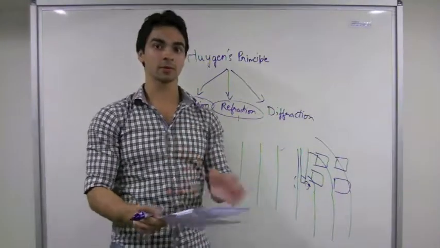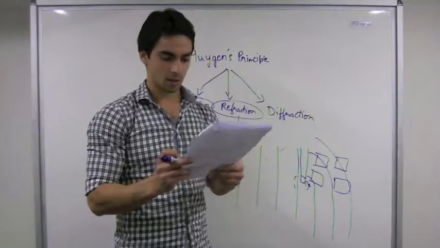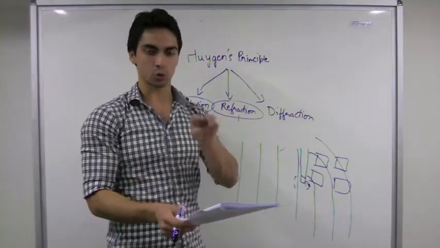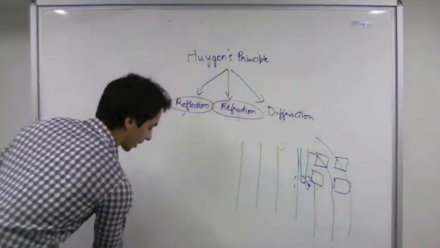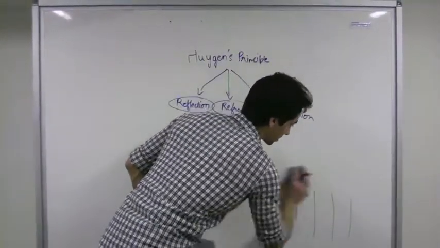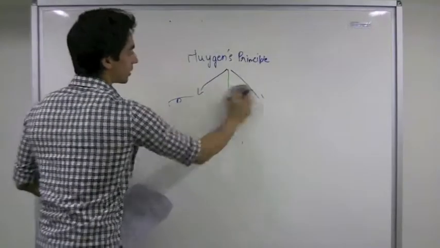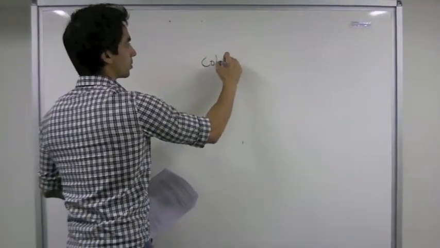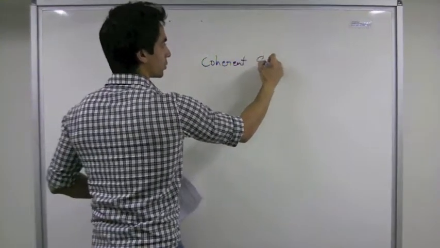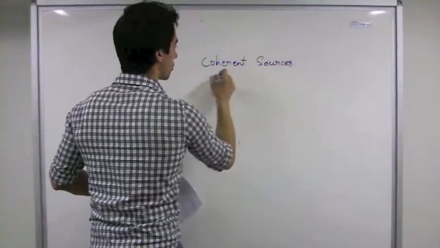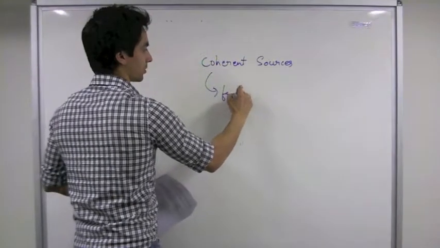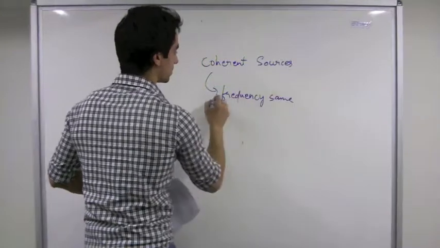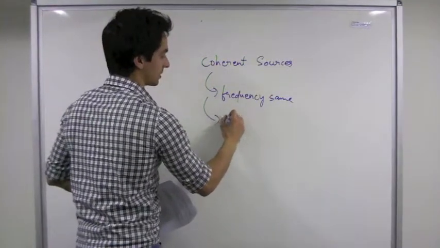So this pattern is called the interference pattern, and in order for this interference to occur, you must have the two sources being coherent. Okay, so another thing you want to mention, coherent sources. In order for two sources to be coherent, they must have the same frequencies and be in phase.